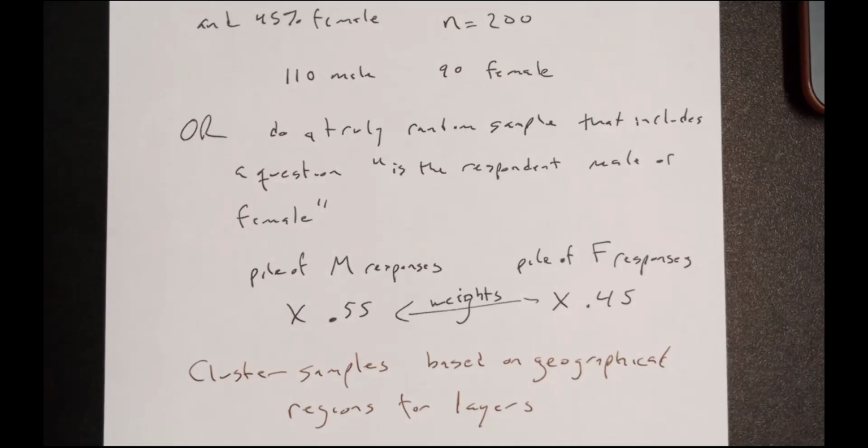But if I'm trying to do a layered sample, I may say, I've got 57 counties. Rather than sample all 57 counties, let me sample 10 counties. We then pick those 10 counties and figure out how many we need from each one. There's a lovely illustration about cluster sampling on page 39.